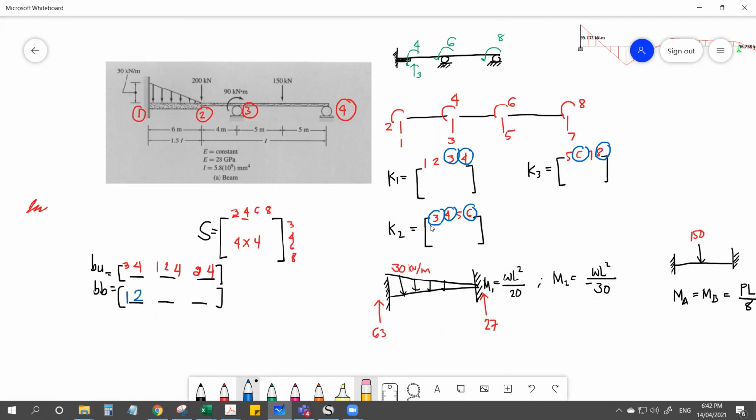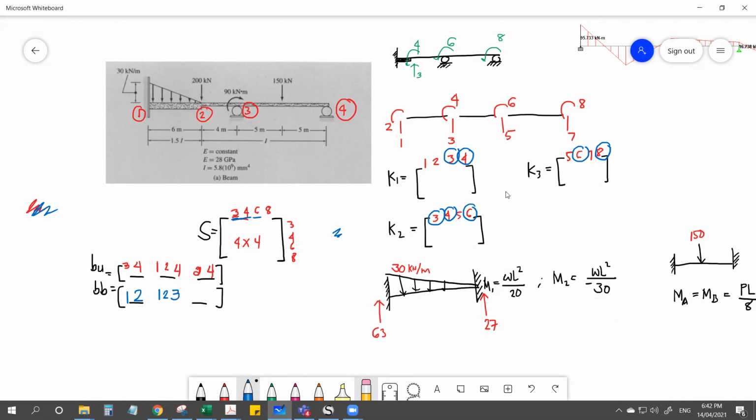How about 3, 4, 6? It is first, second, and third.